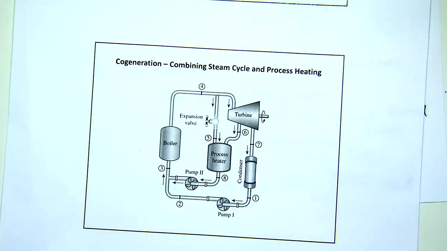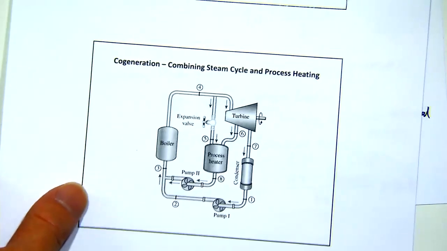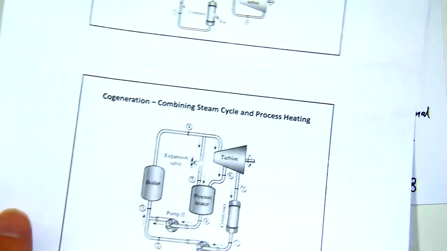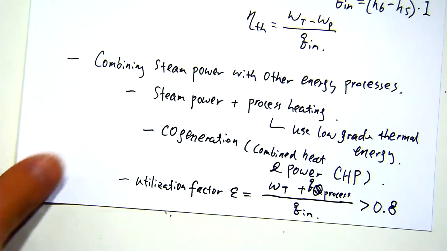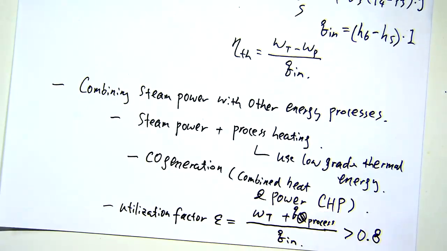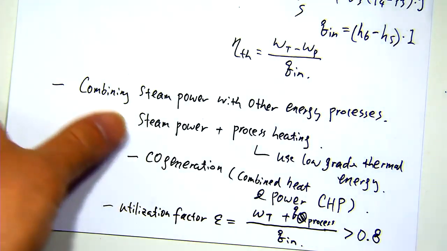Right? So that's a more in-depth understanding there. All right, so that's one process where the steam power is combined with another process, and this combined CHP process is commonly used in practice.